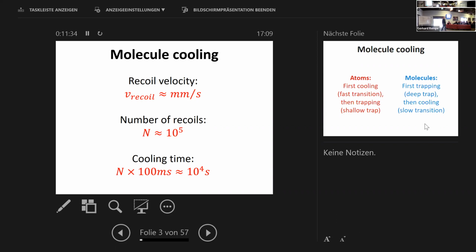The cooling of the molecule, taking the analog of the radiation pressure cooling from atoms, would take 10,000 seconds, which is 3 hours. Oh my goodness. You need to have these molecules available for 3 hours.